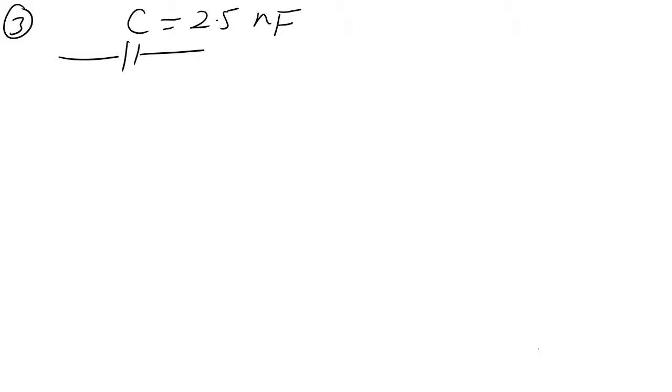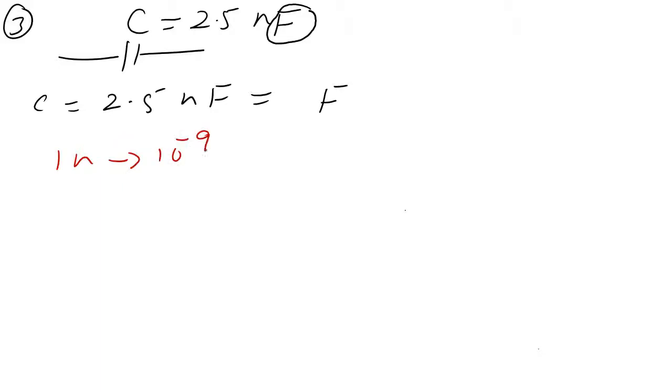So here the value of the C is 2.5 nanofarad. The unit is this, the unit farad. So the value should be in farad, not in the nanofarad. So here your answer should be in farad. So we know the relation for the nano, that 1 nano is equal to 10 to the power minus 9, and the same relation, the same method to change.